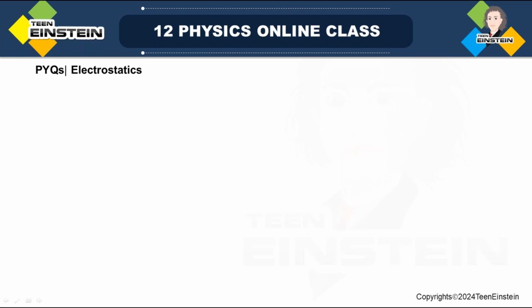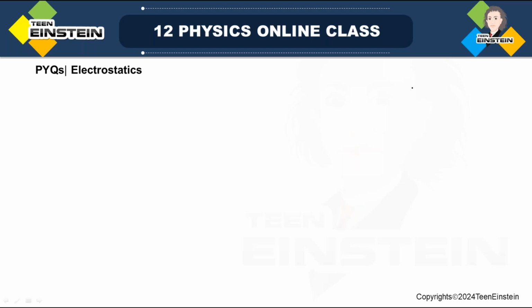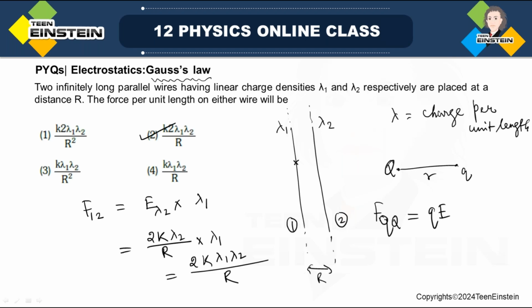But in the exam, I would have directly written the electric field itself, lambda divided by 2 pi epsilon naught R, or 2K lambda by R. I will write this result directly and multiply by the charge per unit length, lambda 1, here lambda 2. So I'll directly get it within a minute. So this was not a very tough question. It was a good question, but not a tough one to solve.